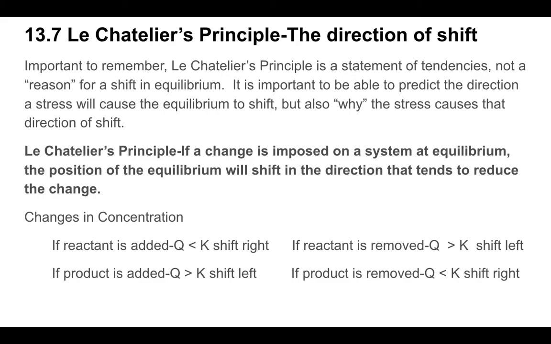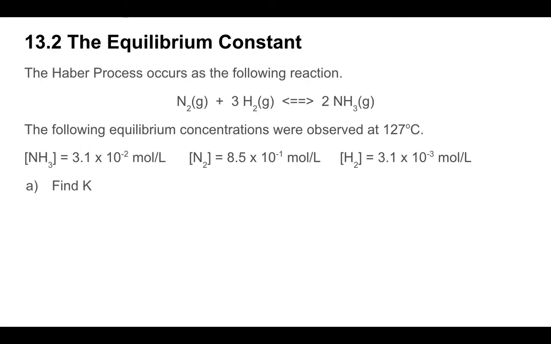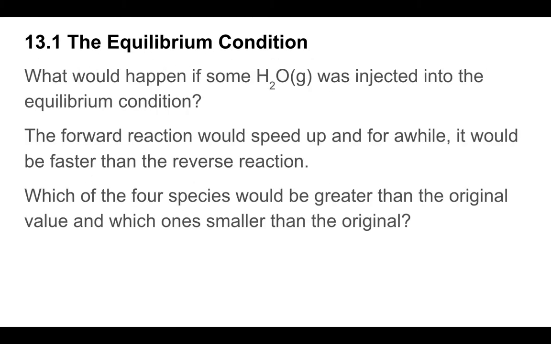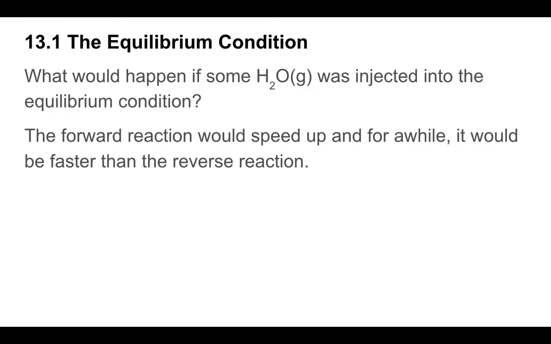If you think back to that example that we had with the water vapor being added way back here, what would happen if some water vapor was injected? This is an example of something that you could use Le Chatelier's principle to explain. If water vapor is added, the change is to increase the amount of water vapor. The shift should be to decrease the amount of water vapor.